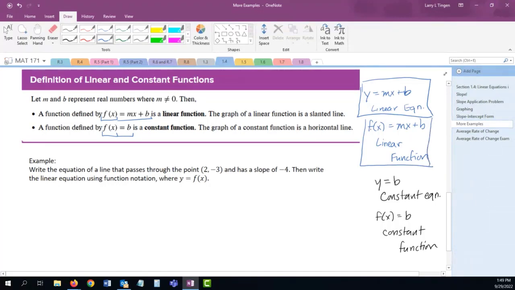Whenever you use function notation, you have a function. Whenever you don't use function notation, you have an equation. So it's bringing in that function title, and then always right beside it in parentheses is the independent variable. Okay? And then the same thing down here. Constant equation, constant function.